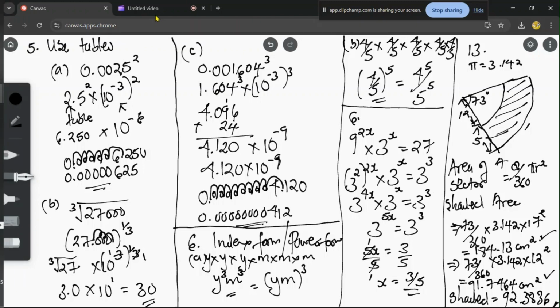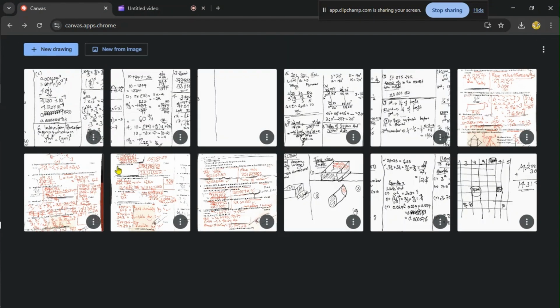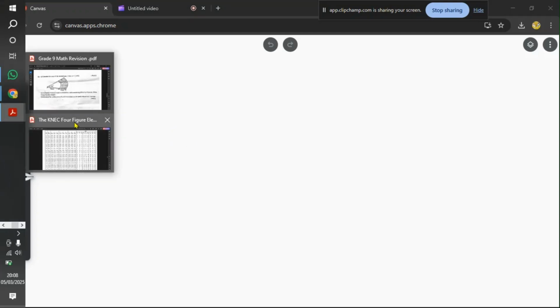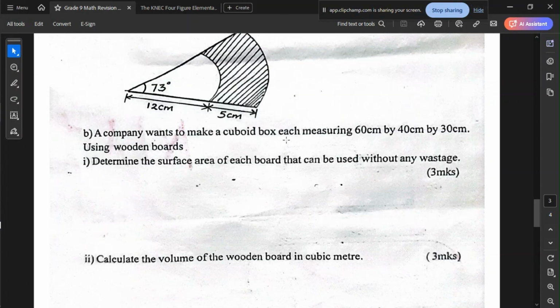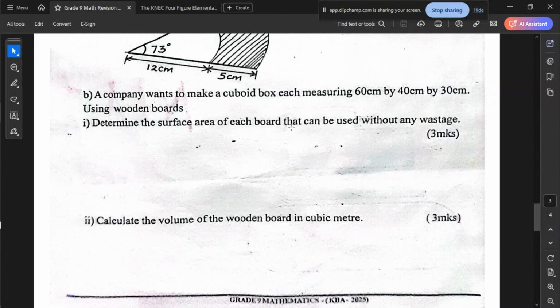Right. The next one is the next sum. It's what we have here. We can read it together. A company wants to make a cuboid box, each measuring these measurements, using a wooden box.